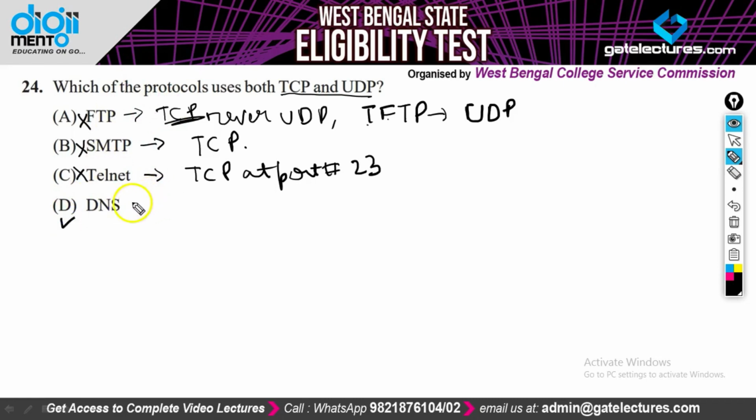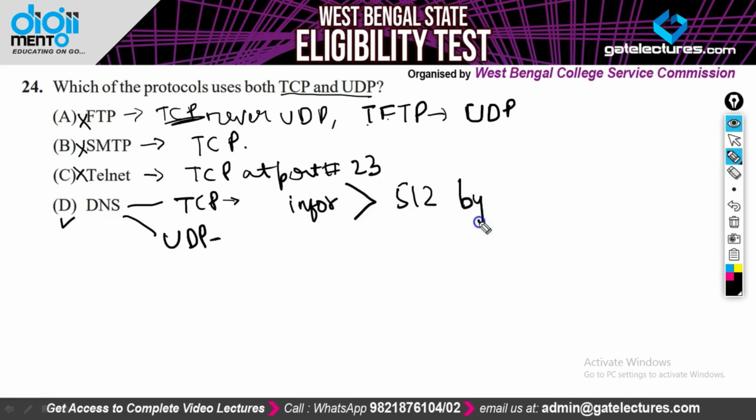DNS is obviously the right option, and DNS uses both TCP and UDP. It uses UDP when the information is small, and it uses TCP when the information size is more than 512 bytes. Okay, so DNS is the right option, which uses both TCP and UDP.